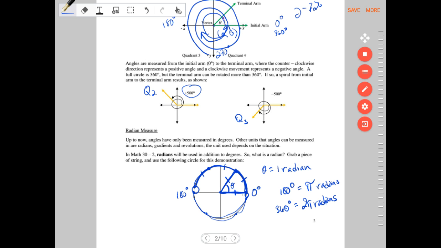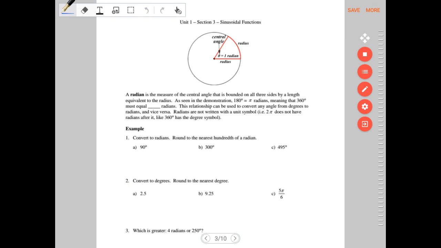So approximately 3.14 radians to get from here to here, or 6.28, or 2 pi radians, to get 1 full circle. So again, just some reminders of what a central angle is, and each of these lengths is the same one. So they all measure the same as the radius. So a radian is the measure of the central angle bounded on all 3 sides by a length equivalent to the radius.